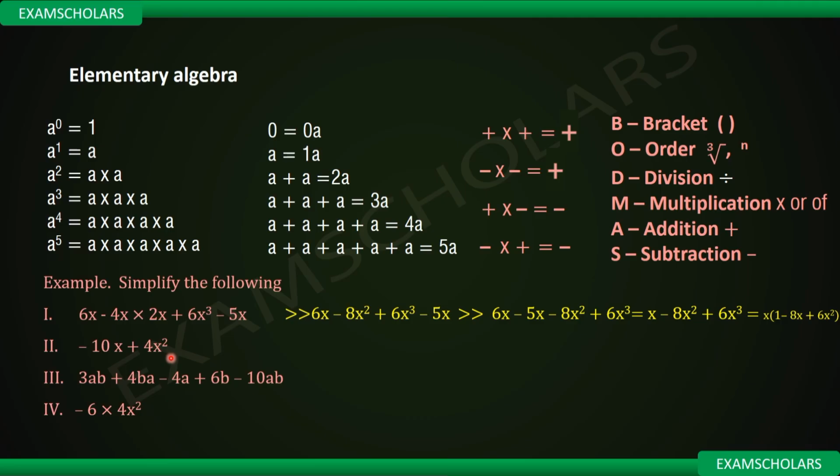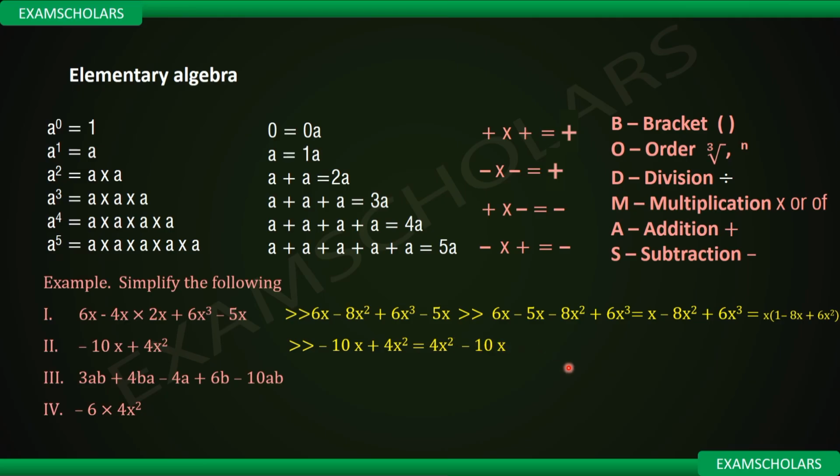So instead of having minus 10x plus 4x squared, you can start with your 4x squared minus 10x. Now, what can you do here? You can factorize them from your primary school or from your GSS class. 2 can divide this, x can also divide this.